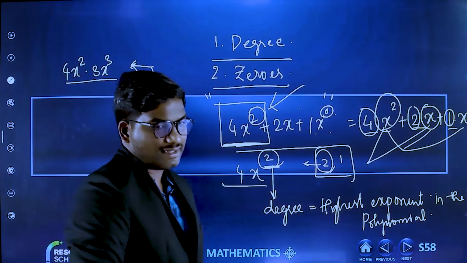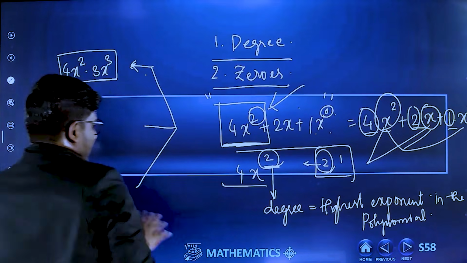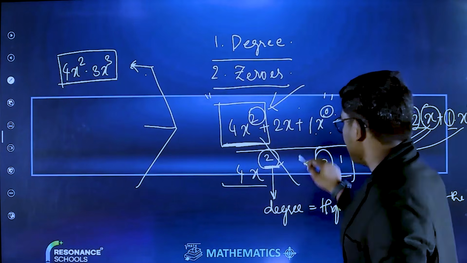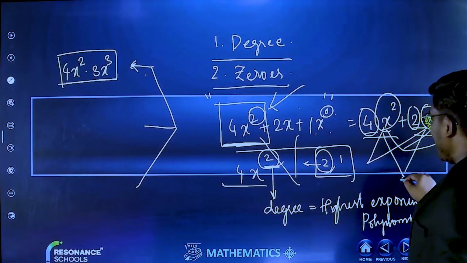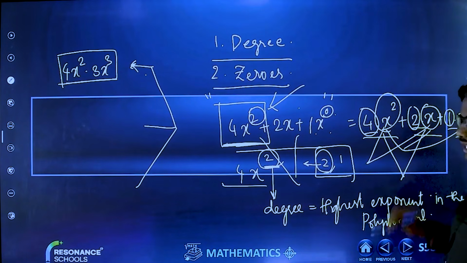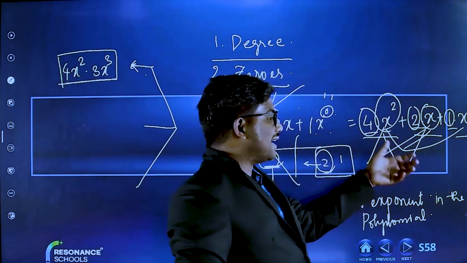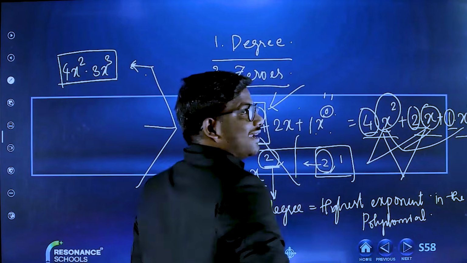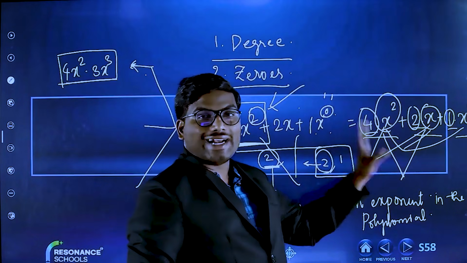I think we've got a little misunderstanding of this. When we have terms in addition, them being unlike terms, 4x square and 2x are unlike terms. So that is why they cannot get added directly as such.